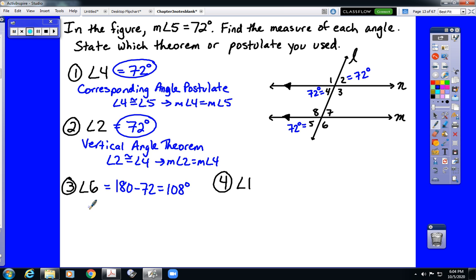The reason for that is that the supplement theorem says that since angle 5 and angle 6 form a linear pair, the measure of angle 5 plus the measure of angle 6 is 180 degrees. So since angle 5 is 72 degrees, the measure of angle 6 would be 180 minus 72 degrees, or 108 degrees.